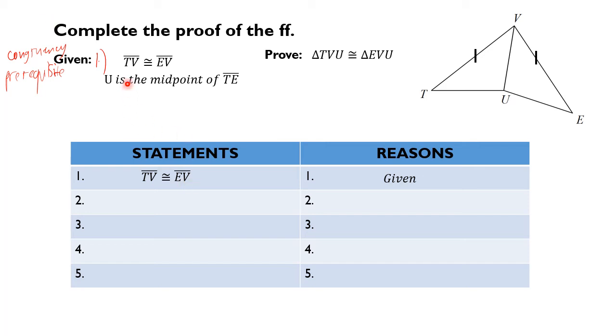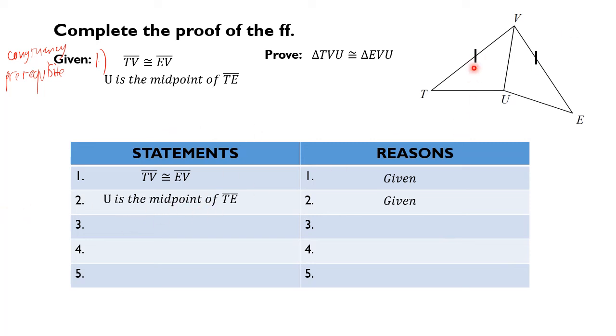Okay, given. Input the second given in our statement column. U is the midpoint of side TE. Okay? So, what does it mean again to have U as the midpoint of side TE? Before that, sulat mo muna given. Okay. So, we have to find out the congruency.